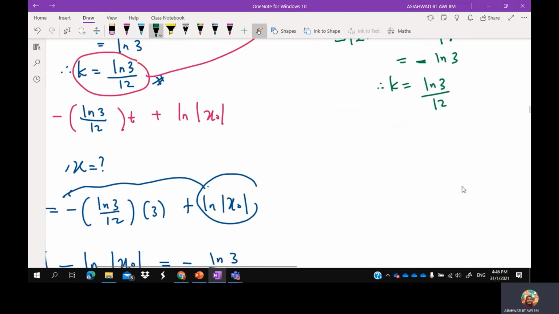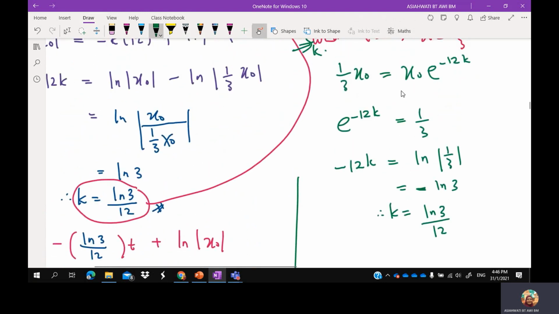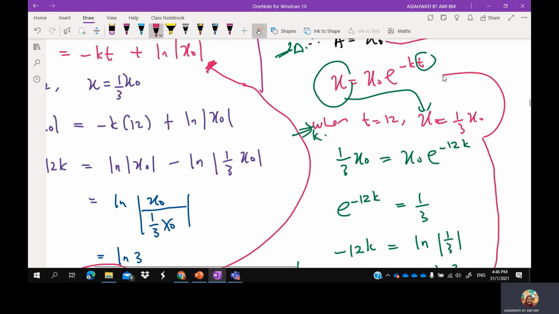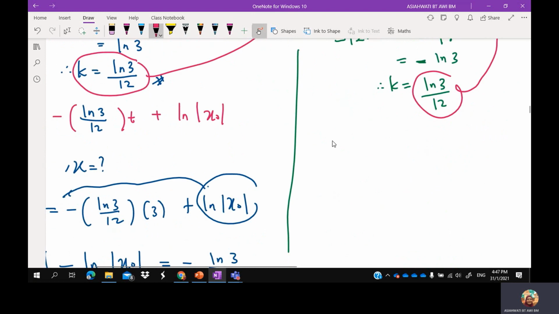Next step. Substitute your k value into this equation: x equals x naught times e to the power negative k t, with k equal to ln 3 over 12.